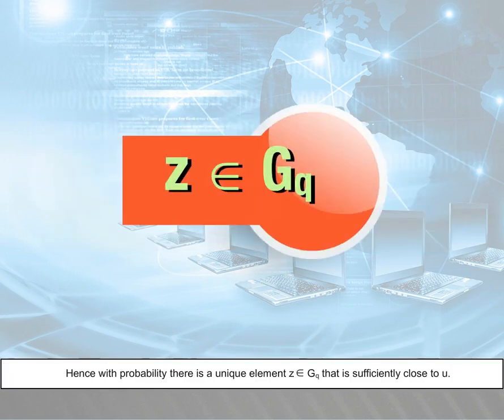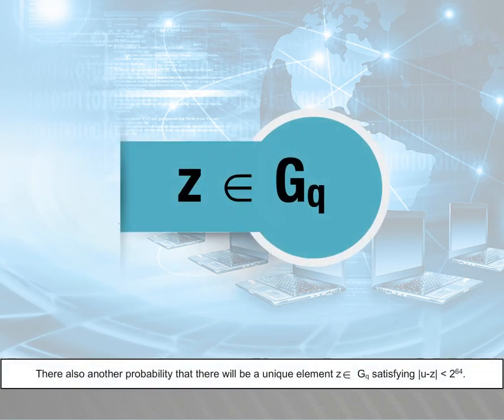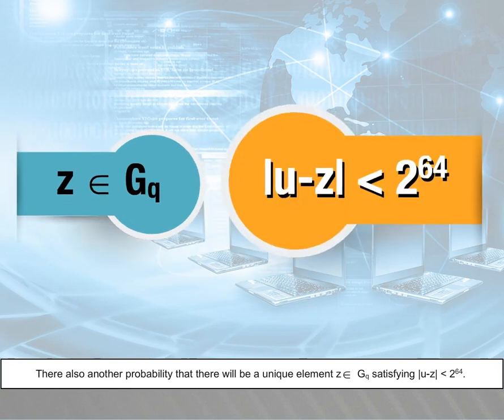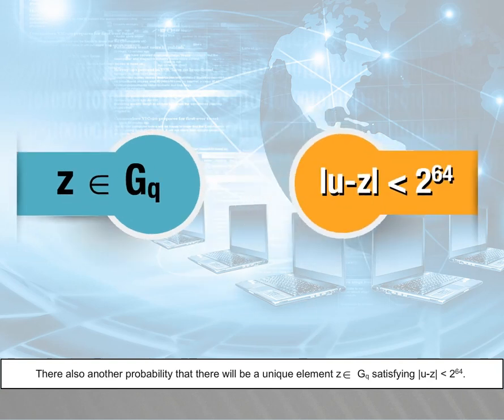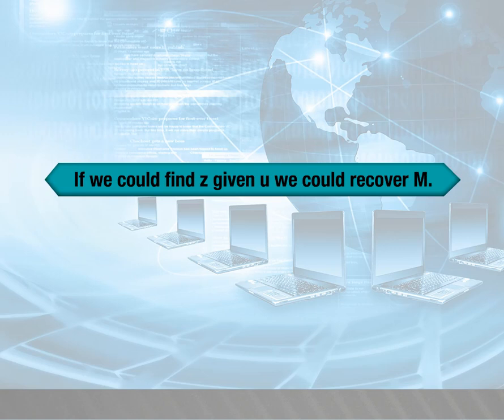Hence, with high probability, there is a unique element z belonging to Gq that is sufficiently close to u. There is also a high probability that there will be a unique element z in Gq satisfying modulus of u minus z is less than 2 power 64. If we could find z given u, we could recover m.